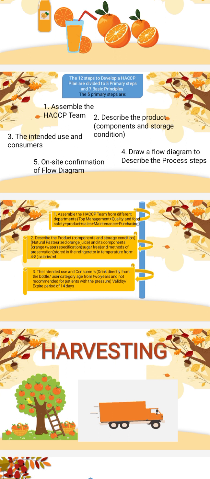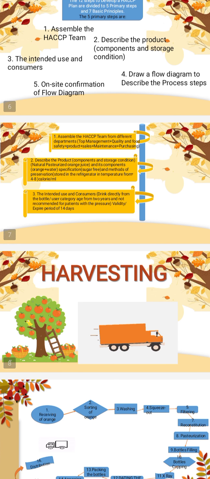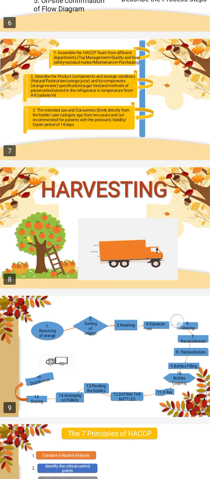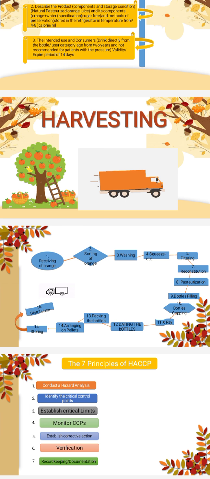So first thing to be understood, we are receiving the oranges from a well trusted supplier of orange fruits by harvesting these orange fruits. So this is the flow diagram. First, receiving of oranges.